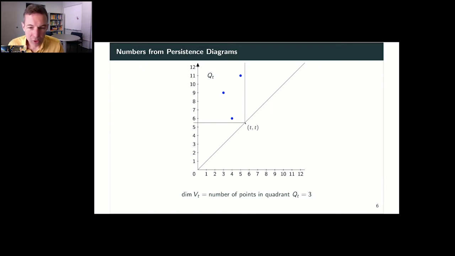Okay, so this is a theorem. It's probably best understood in terms of something called Möbius inversion. And this goes back to the beginnings of persistent homology.